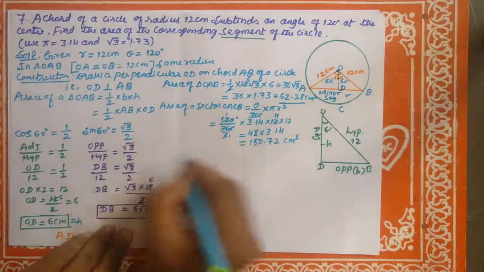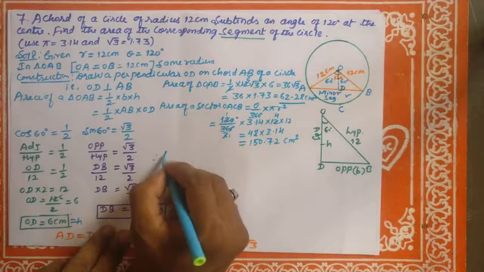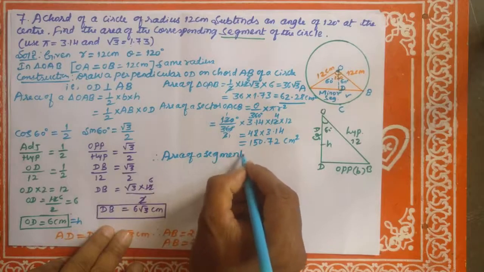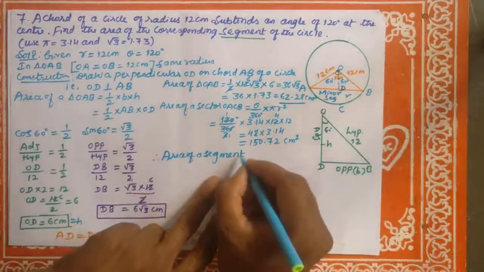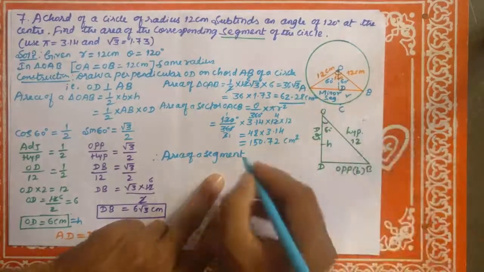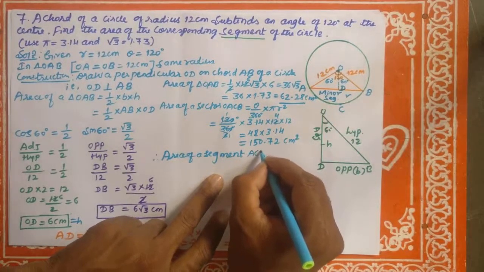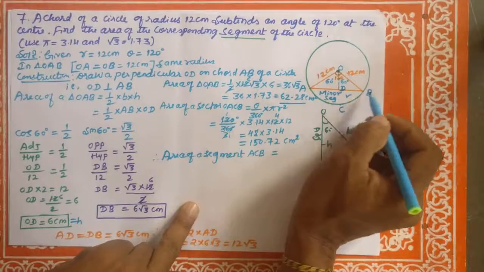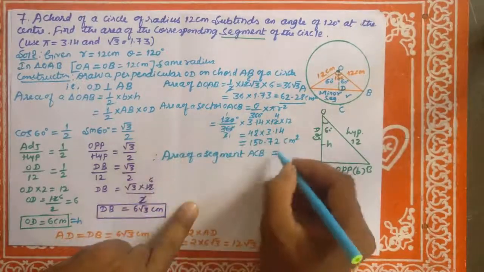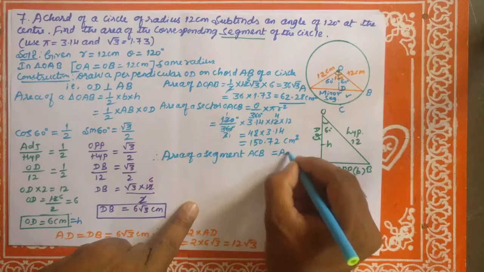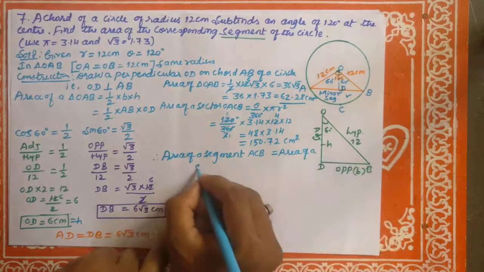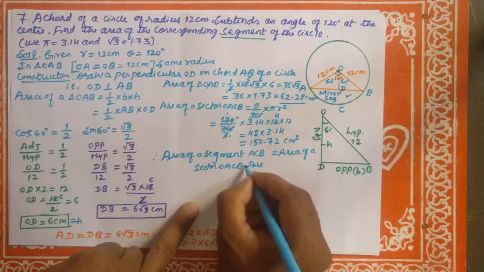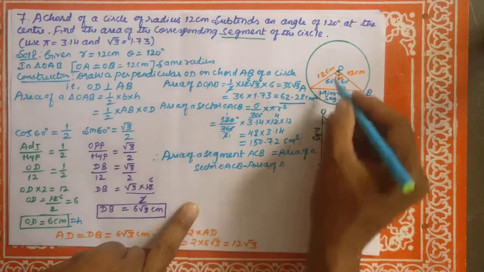Now area of a segment ACB is equal to area of sector OACB minus area of triangle OAB.